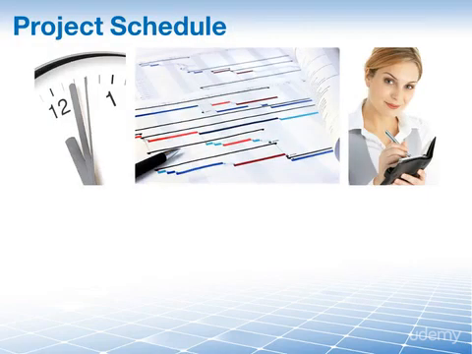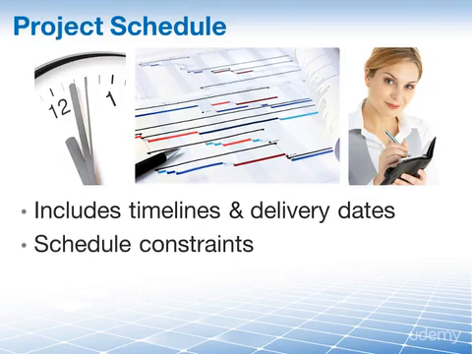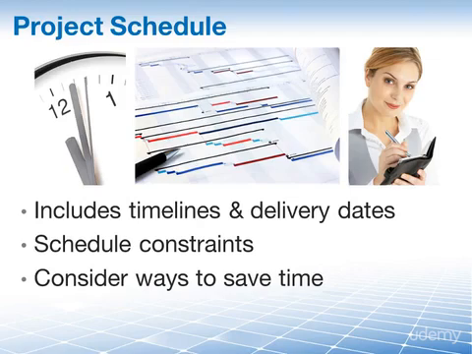Next, we have the project schedule as an input which informs you of your timelines and delivery dates. It will also make you aware of dependencies and schedule constraints so that you can plan your procurements accordingly. Remember those schedule constraints we were talking about earlier? You want to meet your project deadlines. There are also ways to save time and resources when doing a procurement.